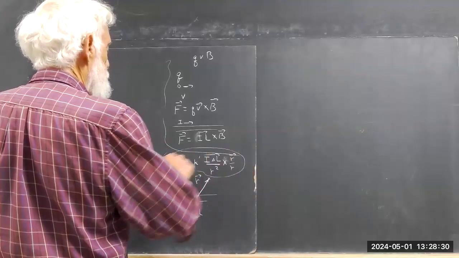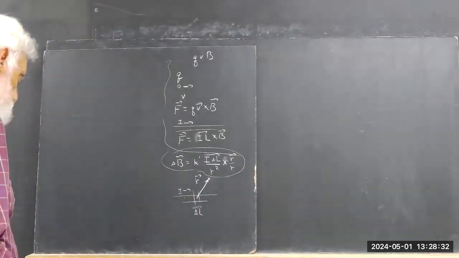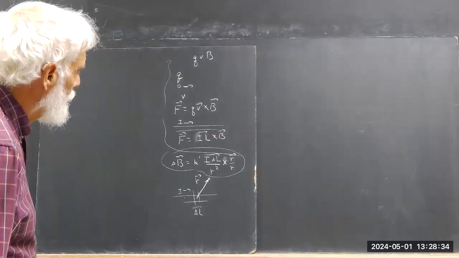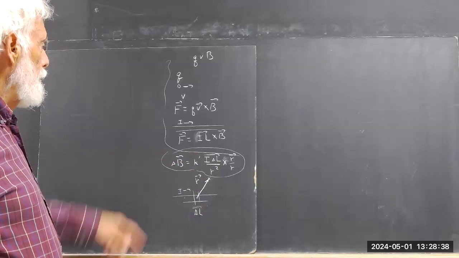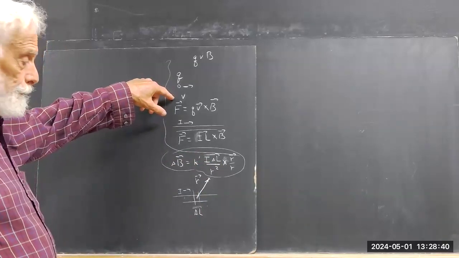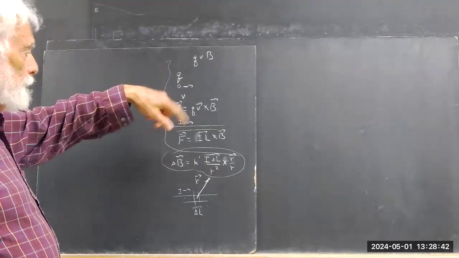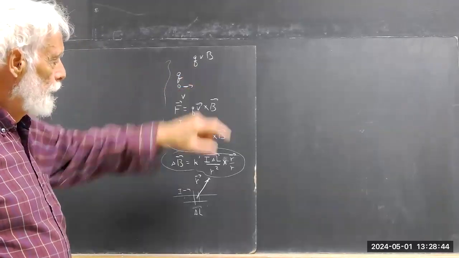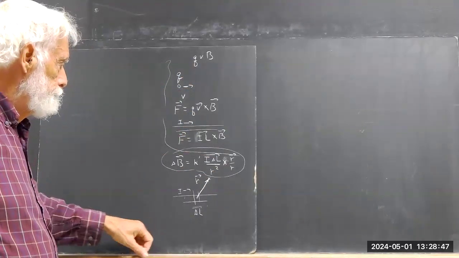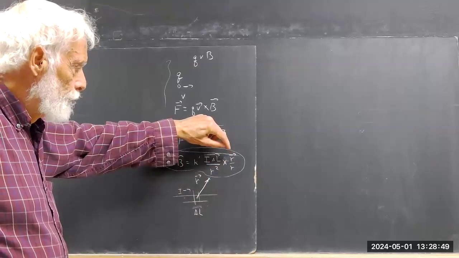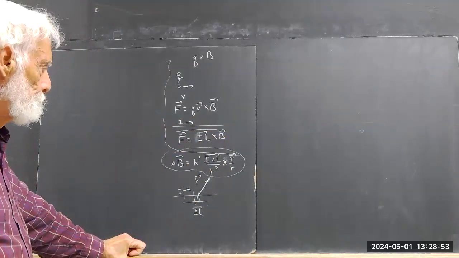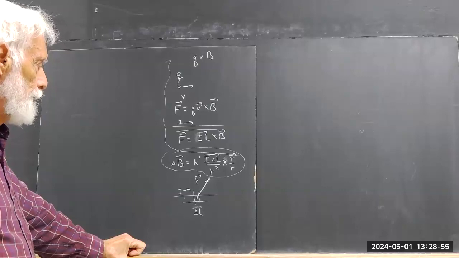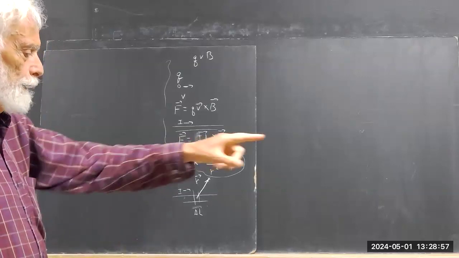I'll emphasize that. You also could replace your I delta L by a QV. Okay, K prime times QV cross R over R squared, with the R vector divided by R as well. That gets really interesting because you've got a moving charge.